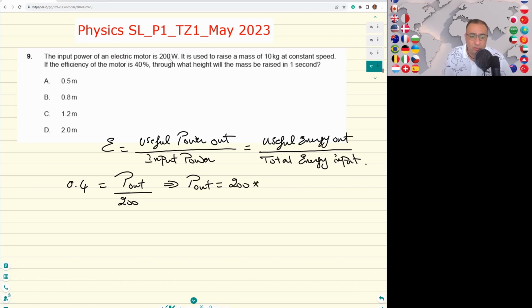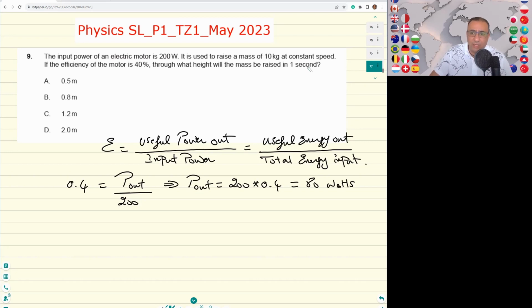So 200 times 0.4: 10% of 200 is 20, and 20 times 4 is 80, so just 80 watts. Or you can replace 0.4 by a fraction and simplify using algebra. So anyway, the output power here is 80 watts, and this output power lasted for 1 second.